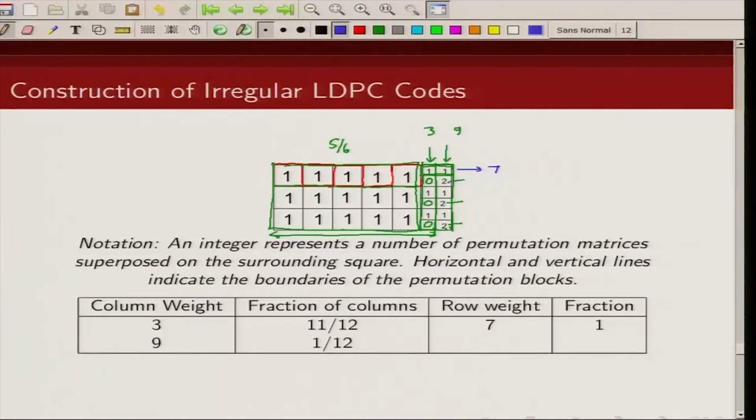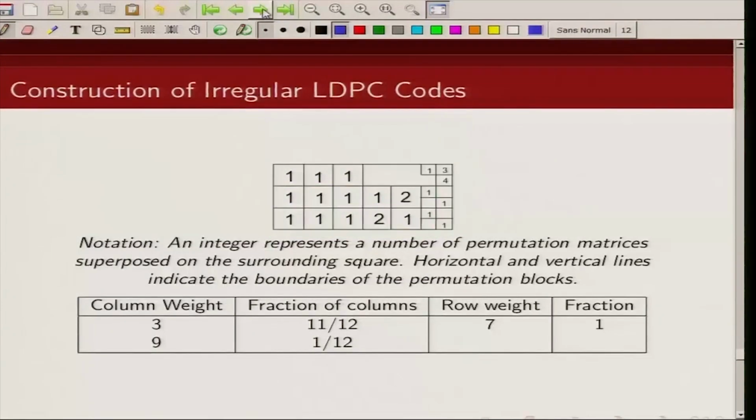This has weight 0 plus 2, the overall weight is 7. Here the overall row weight is 7. So, the way I split up these matrices, I am ensuring that each row will have weight 7, whereas 11/12 fraction of the columns have column weight 3, whereas 1/12 fraction of the columns has weight 9. The same thing can be done in multiple ways.